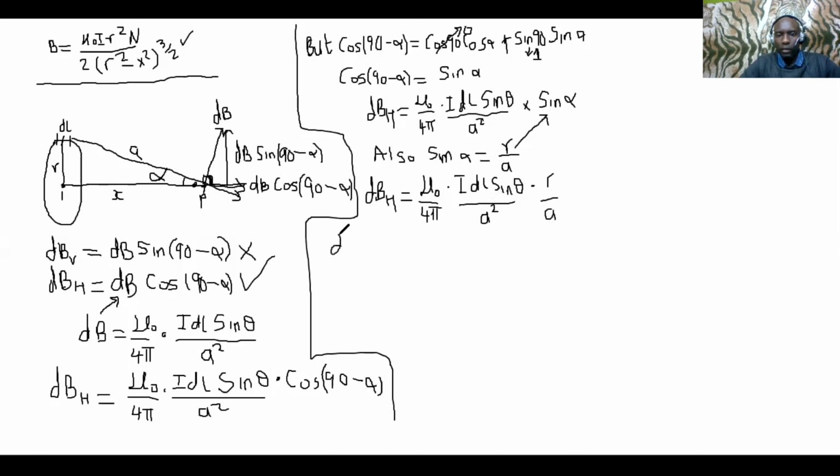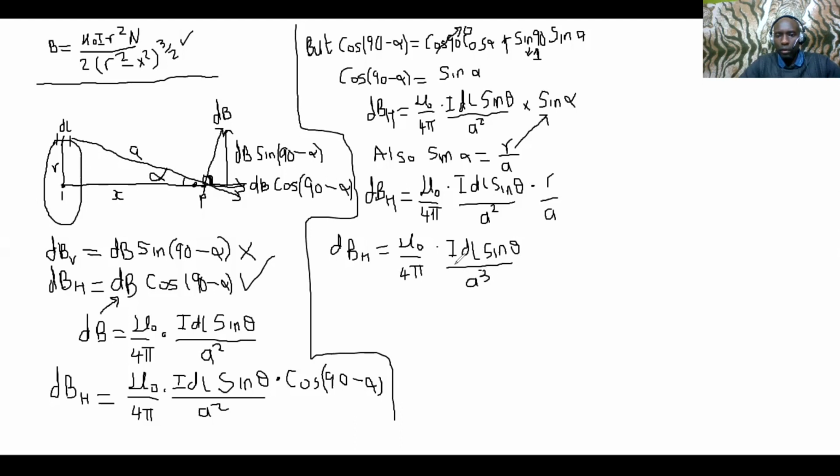Therefore, the expression we will use is dBH equal to mu naught over 4 pi, multiplied by I dl sine of theta over a cubed.